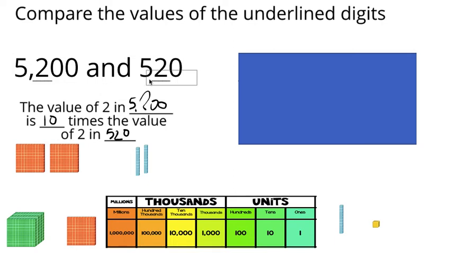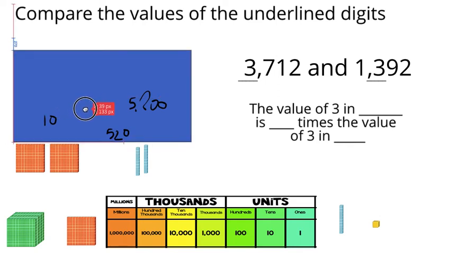So how many times greater is this 2 digit? It's 10 times. It's hopping from one place value to the next. To go from 10 to 100, you have to have 10 of the longs, or 10 of the tens. All right, let's move on to the next.